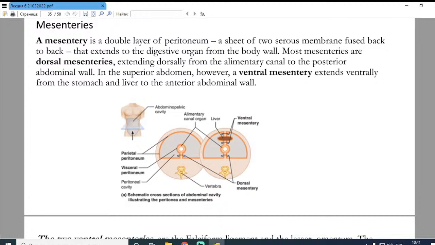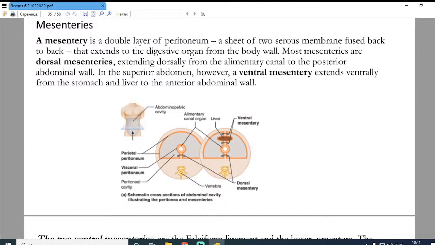Most mesenteries are dorsal mesenteries, extending dorsally from the alimentary canal to the posterior abdominal wall.